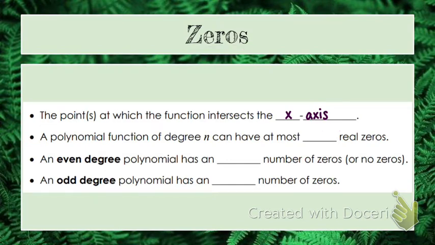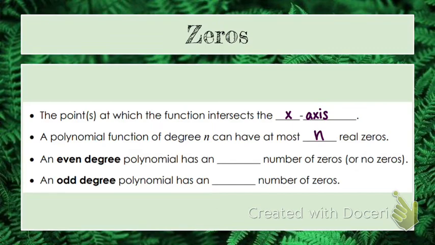Now, a polynomial function of degree n can have at most n real zeros. Remember that the degree is the highest exponent in the function. So if the highest exponent is a 3, like x cubed, then it could only have 3 zeros at most. It wouldn't have to have 3, but it could only have up to 3.